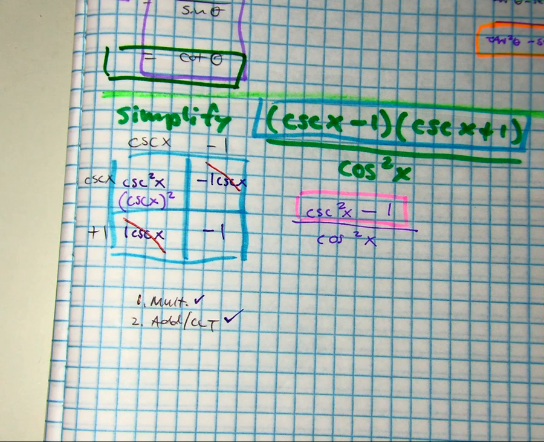He says a Pythagorean. Thank you. Manal, partner's name? Brooklyn. Which identity? She says the quotient.